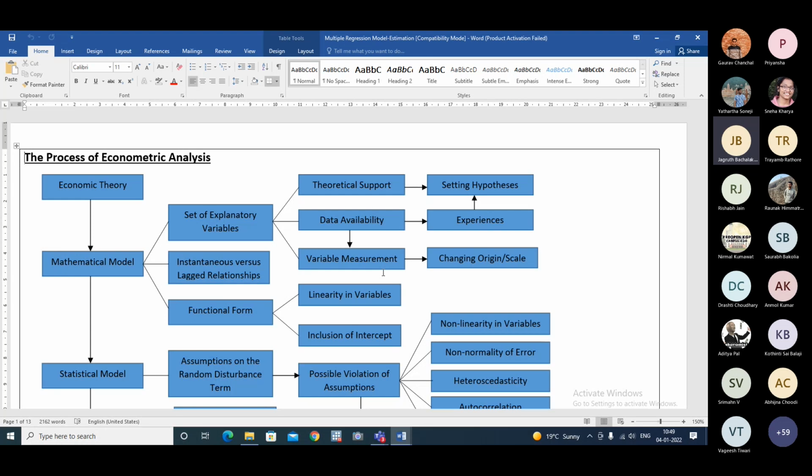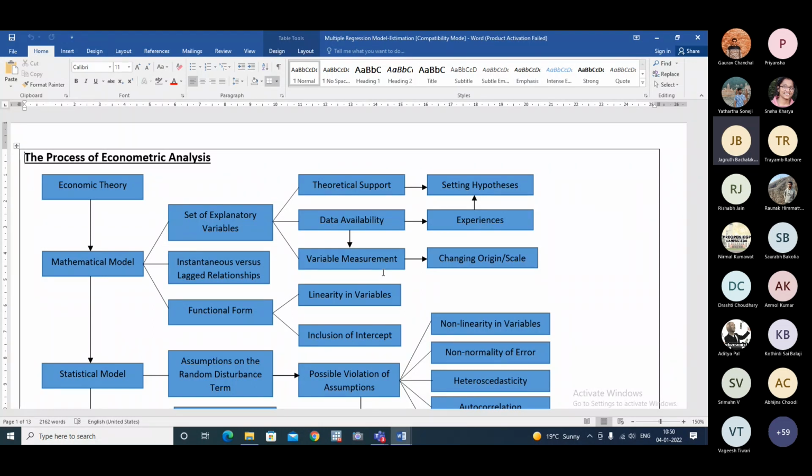If you have data on both, you can use both and see the consistency of the results, and you can say subsequently that my results are not sensitive to the measurement of the variables. So how I would measure a variable depends on availability of data.